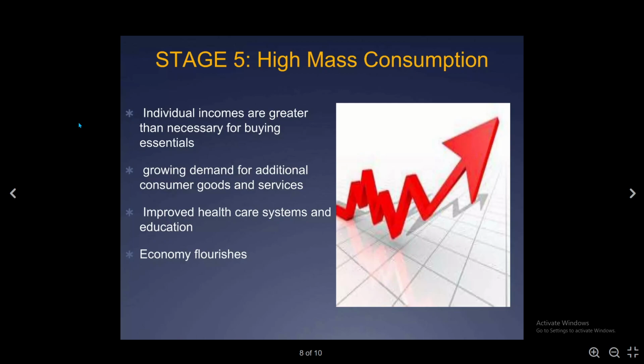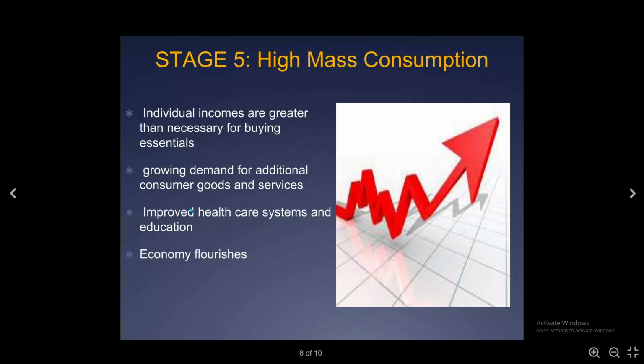And that grows the economy. For instance, you may want a phone or a TV or a laptop, whatever it is. It's something that is a want, not a need. It helps expand the economy. It's a high mass consumption when we do it over a great scale where our whole population is doing that.